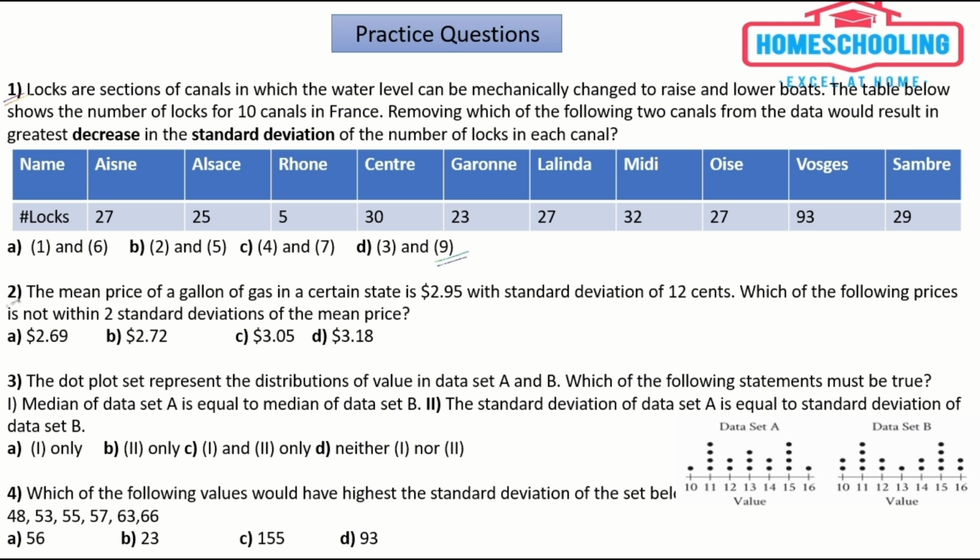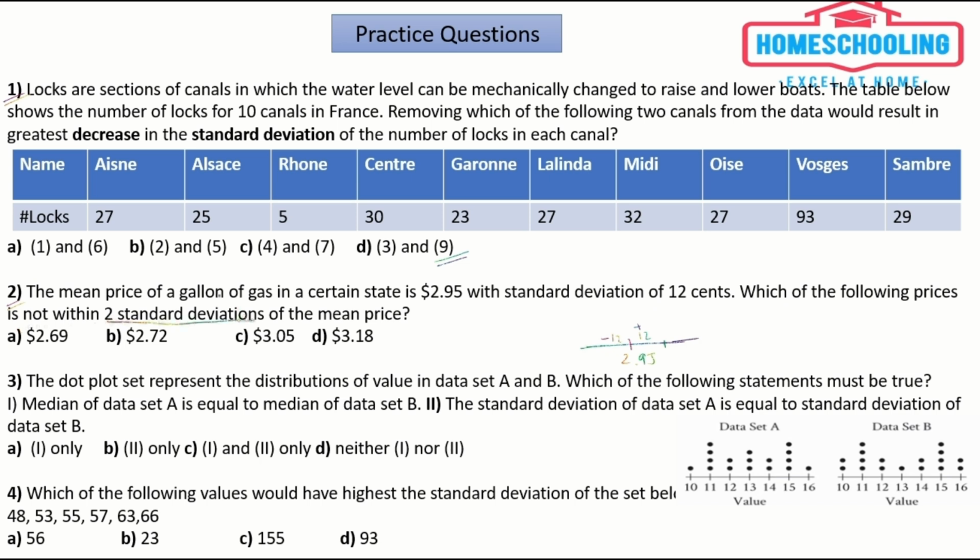Now in question number 2, I'll give you one more small hint. It is given 2.95 and a standard deviation of 0.12, that is 12 cents. So plus 12 cents, and here minus 12 cents. Which of the following prices is not within 2 standard deviations?